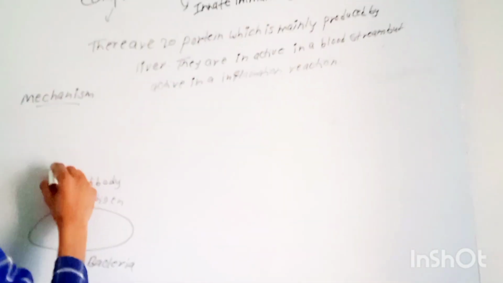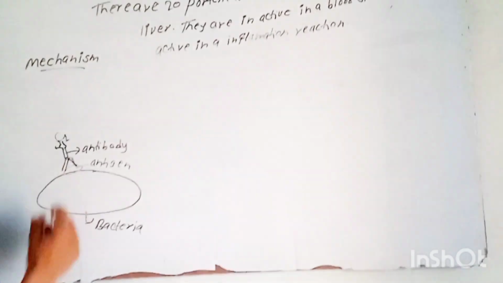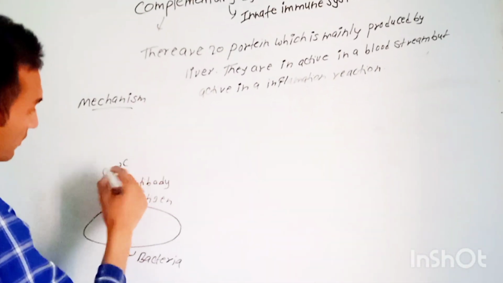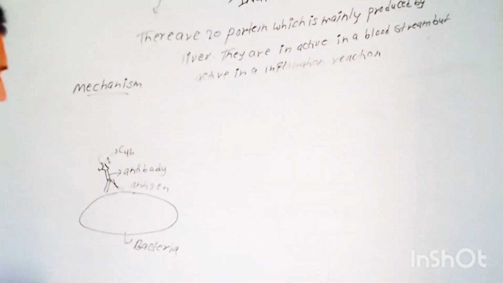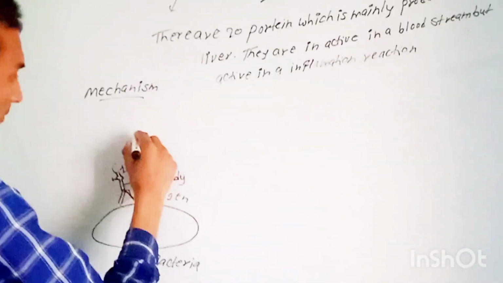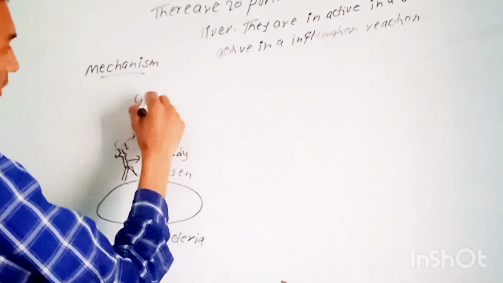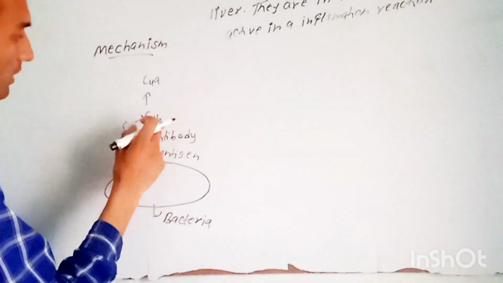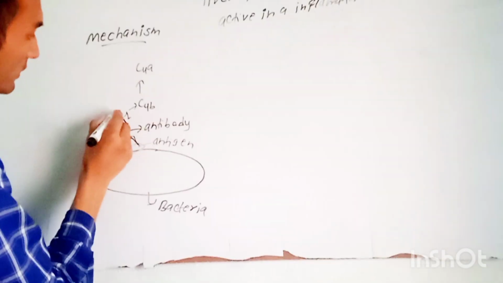At first C1 protein comes and attaches there, then C4 attaches here. It has C4a and C4b components, but only the C4b component attaches to the C1.